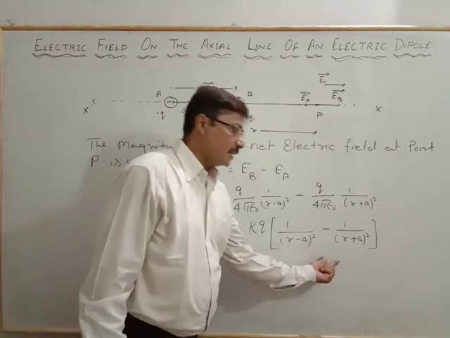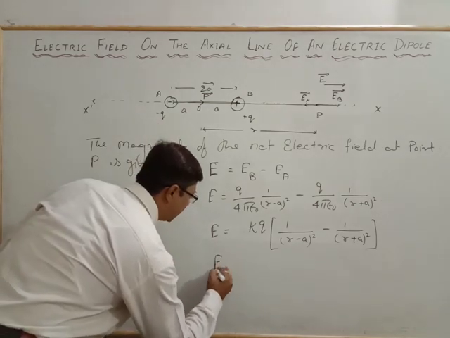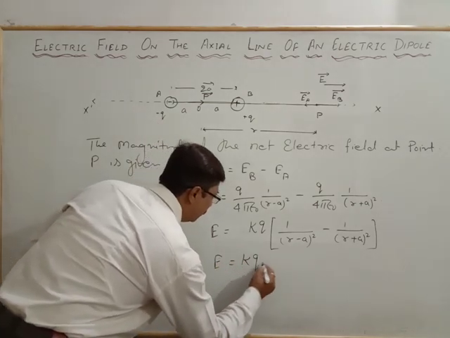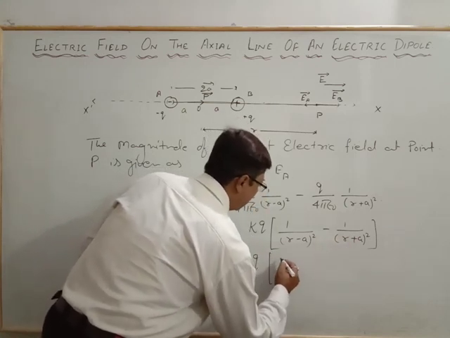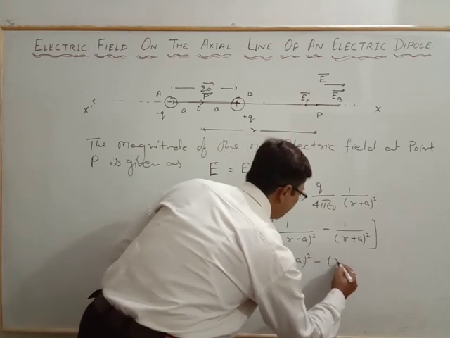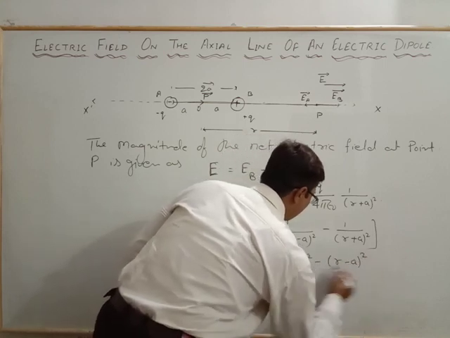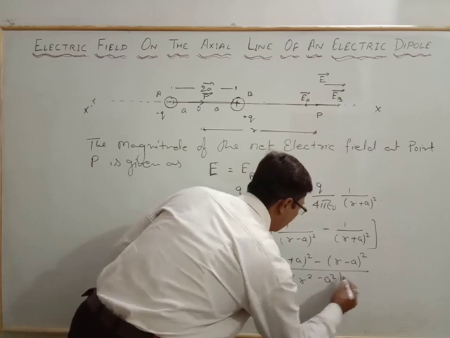Just see, the electric field E is equal to KQ, and here we will write (r plus a) whole square minus (r minus a) whole square by (r square minus a square) whole square.